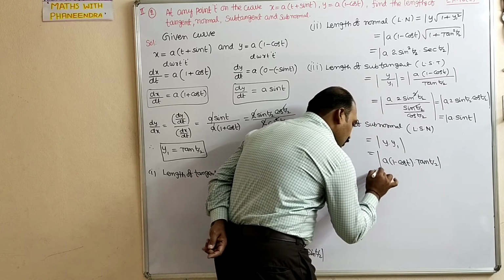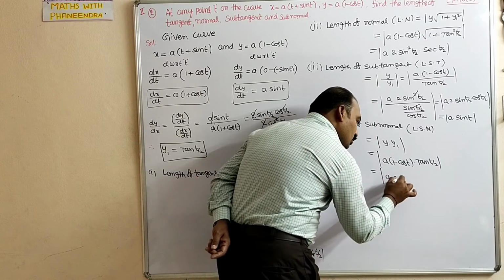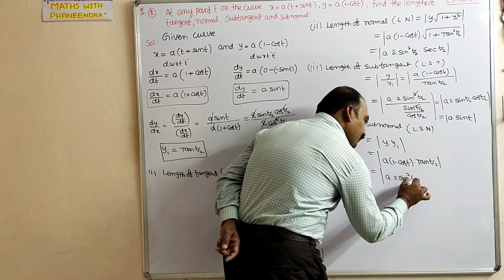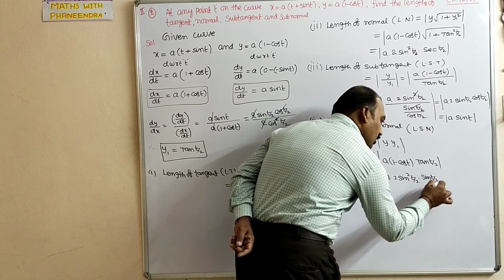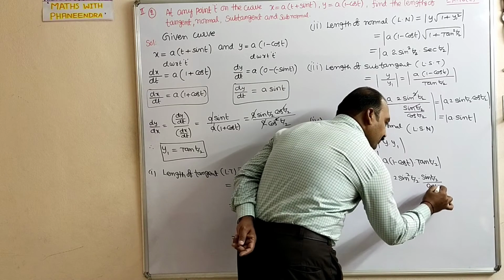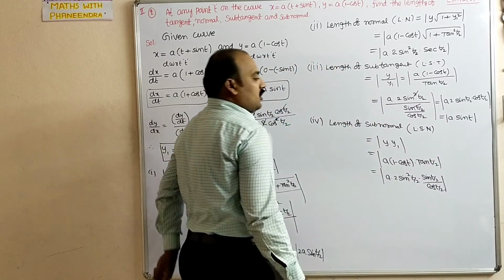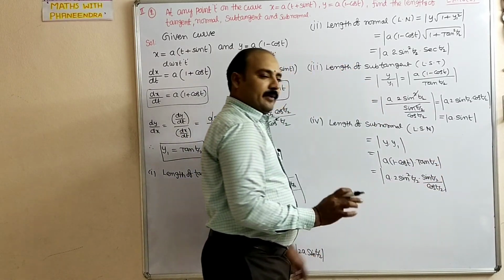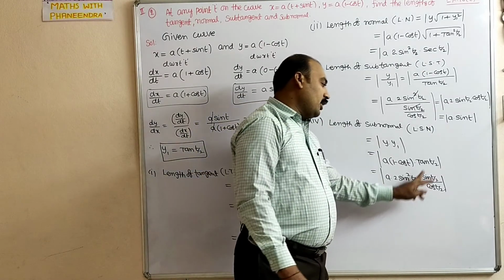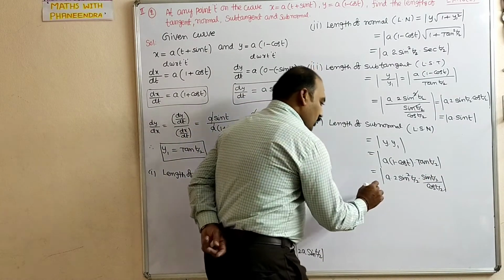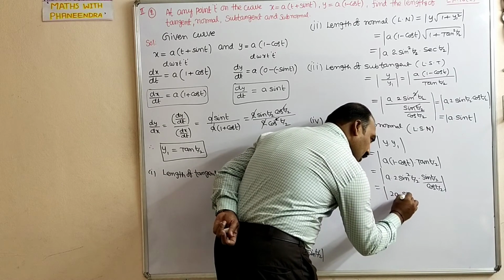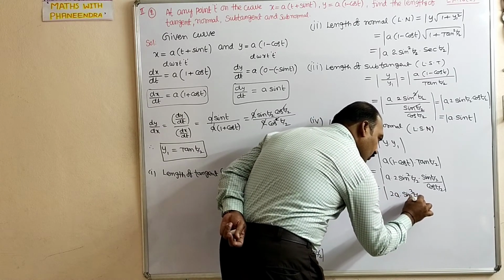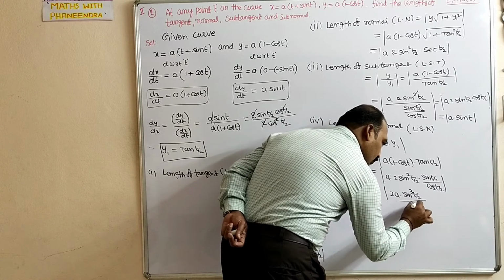Which is equal to a times 2 sin square t by 2 into sin t by 2 divided by cos t by 2. Otherwise you can leave it like this also, 2 sin square t by 2 into tan t by 2, which is equal to 2a into sin cube t by 2 by cos t by 2.